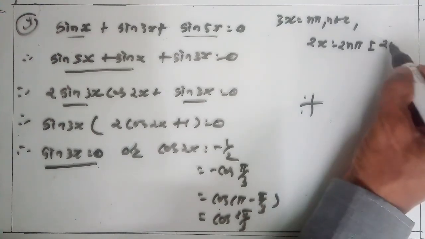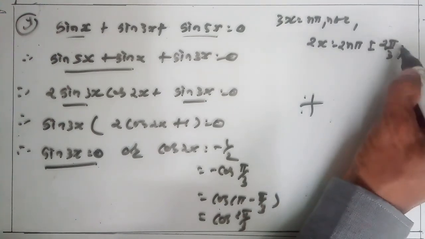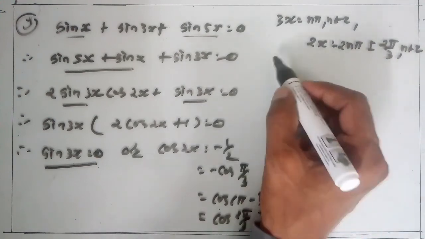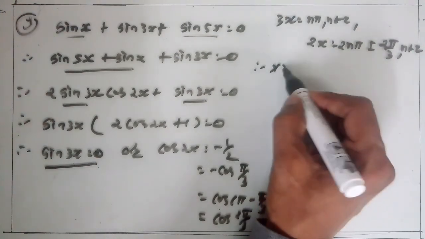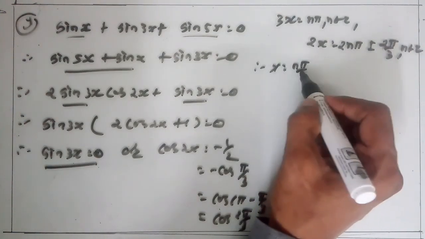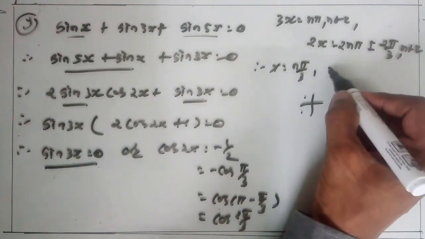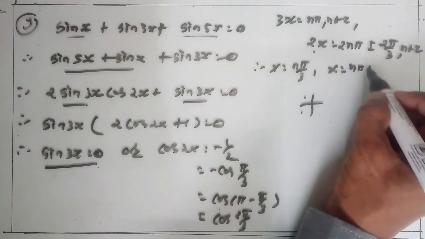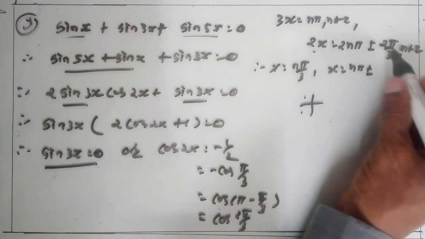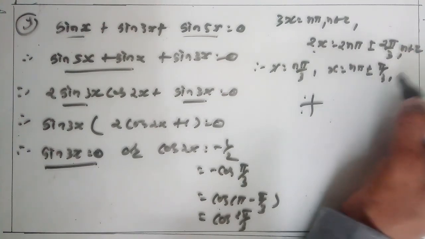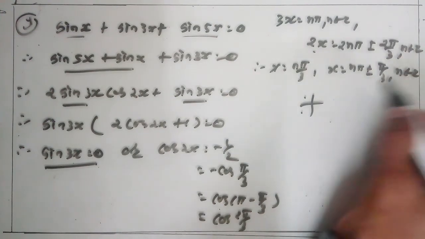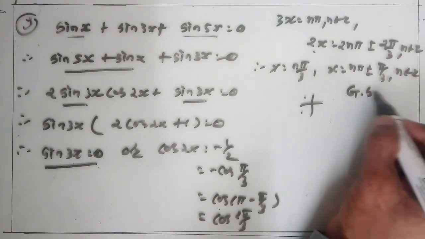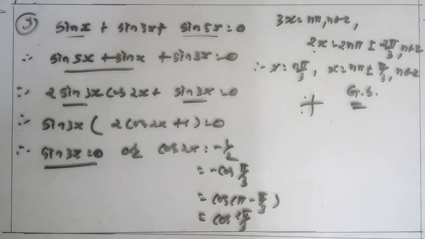Y is equal to here 2 pi upon 3. Clear? n belongs to z. Now simplify this. So x is equal to n pi upon 3, and here x is equal to, dividing by 2, n pi plus or minus, 2 cancel, pi by 3, n belongs to z. This becomes the general solution. Clear this?